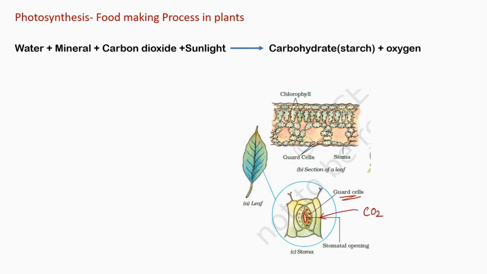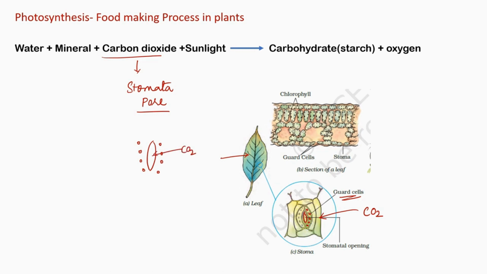So here carbon dioxide leaves are taking via stomata pore. Pore means tiny holes on the surface of the leaves, and they are surrounded by guard cells. So this guard cell will open up this stomata pore and then they will take the carbon dioxide in for the photosynthesis process.